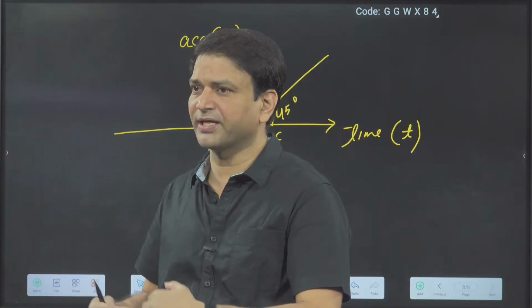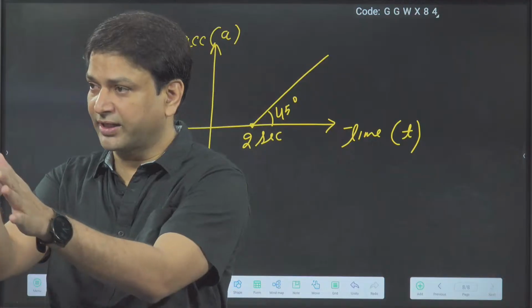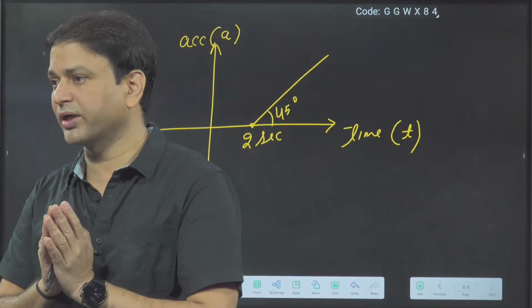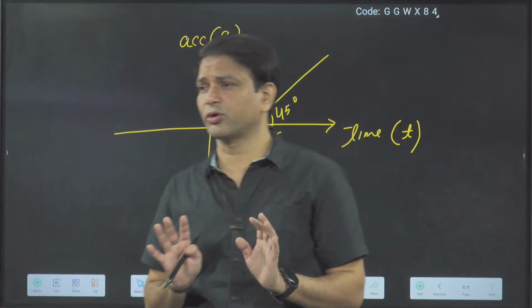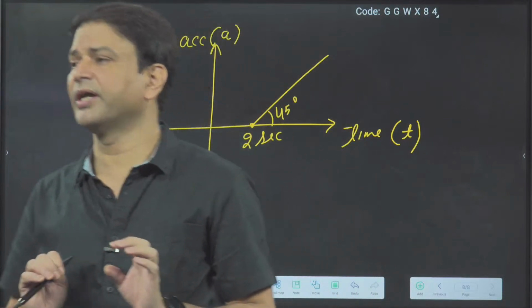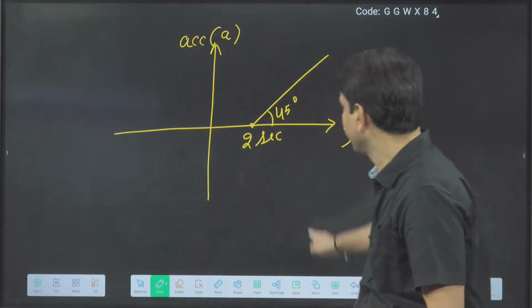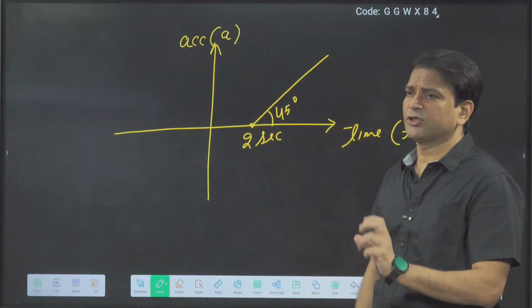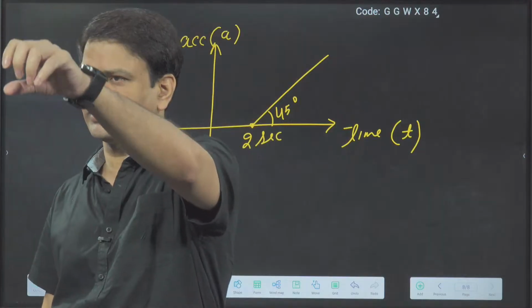That is the application I said. If they are making a good question, they can give it like this. Here my aim is only to write the equation of the straight line. Now you can see, which quantity am I plotting on the x-axis? Time. And on the y-axis, acceleration.